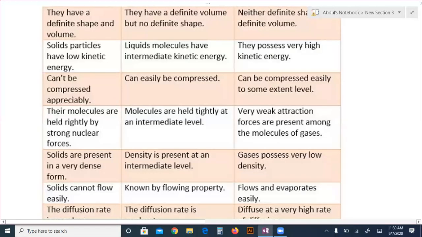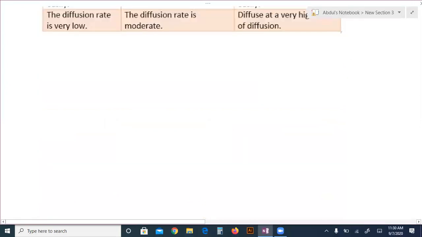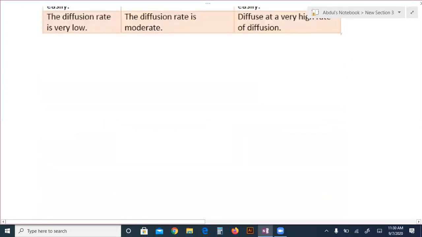Okay, now next topic is specific latent heat.